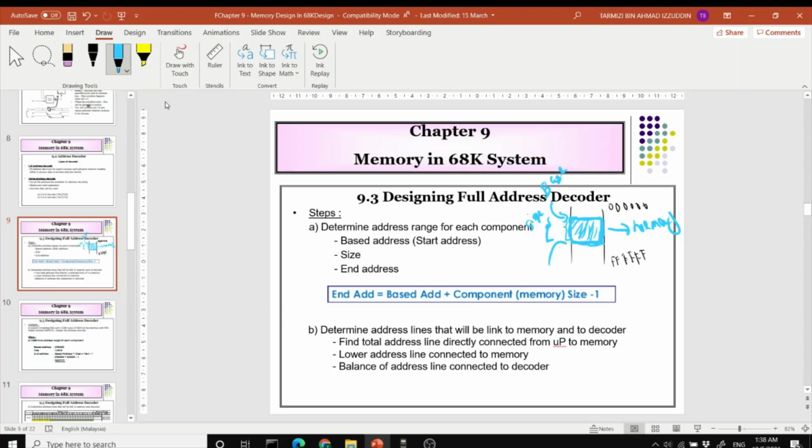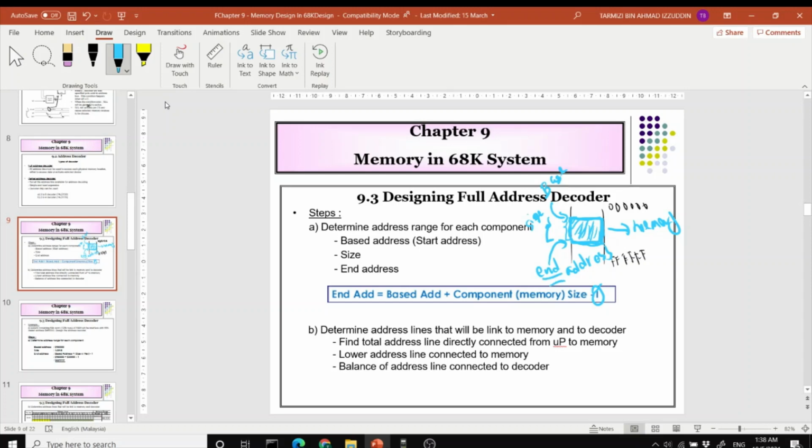And lastly here is your end address. Again, you need to minus 1 because you're starting from 0, right? So you need to minus 1 to get the end address.